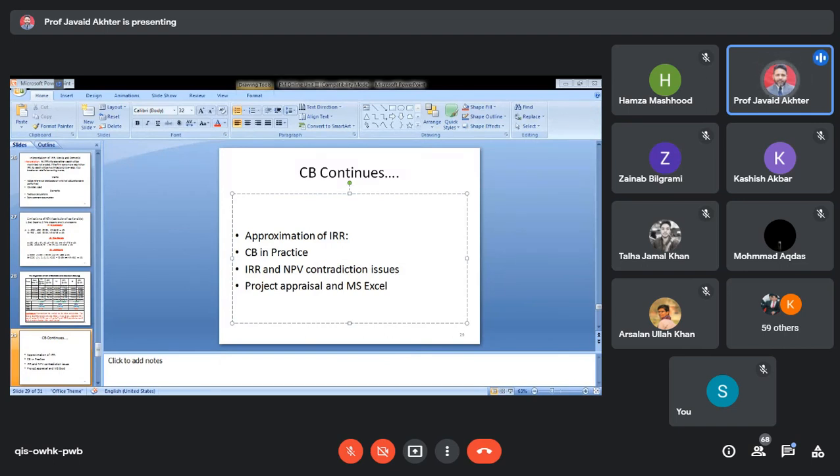Now look at page number 3. The title is future value interest factor of annuity.